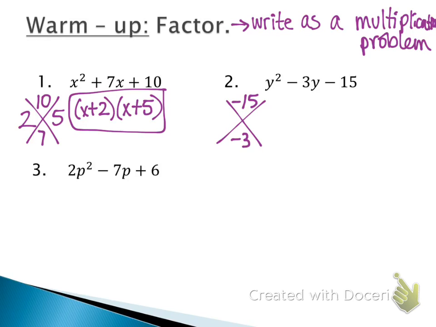A negative 3. Now, if I need to multiply to a negative number, I know my signs have to be 1 negative and 1 positive. So I know I need 2 different signs. So with that in mind, can anybody think of what 2 numbers we need? Jaquan? Negative 5 and what?